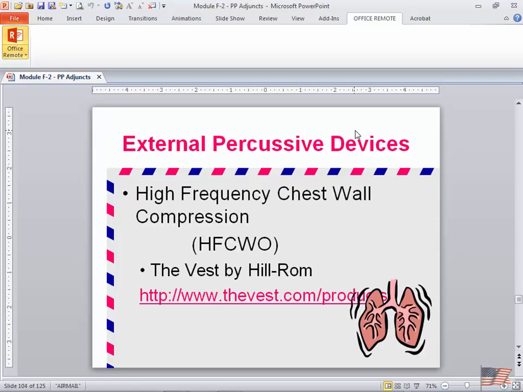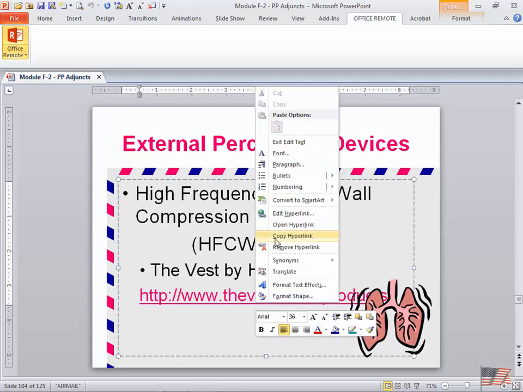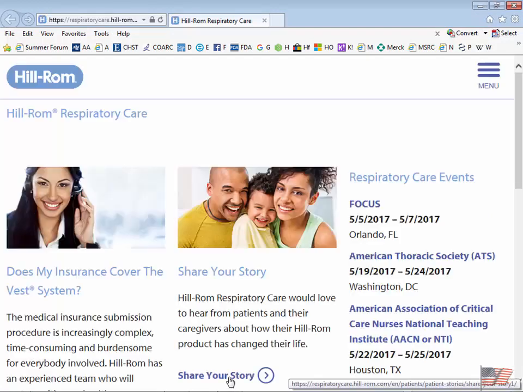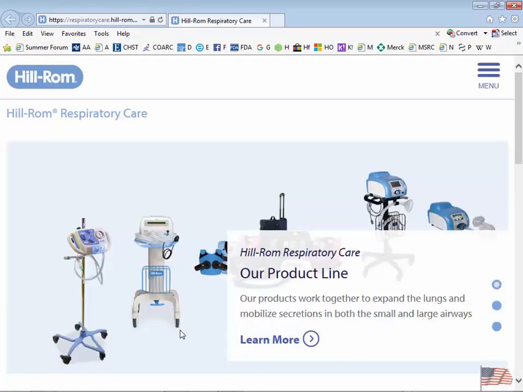Let's talk about a different one, and this is the high frequency chest wall compression. I don't want to bore you with it because it's pretty straightforward as far as how it operates. Hill-Rom is one of the manufacturers.